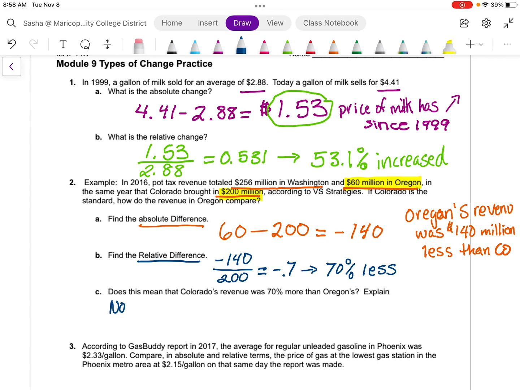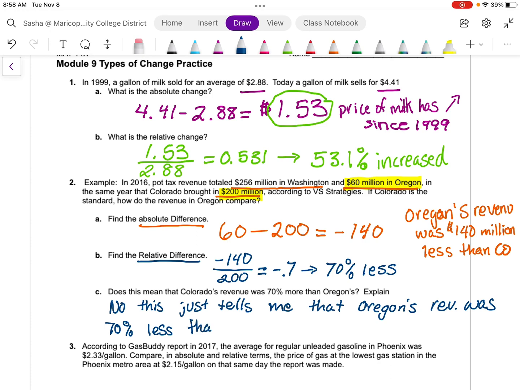So this 70% just tells me that Oregon's revenue was 70% less than Colorado's.